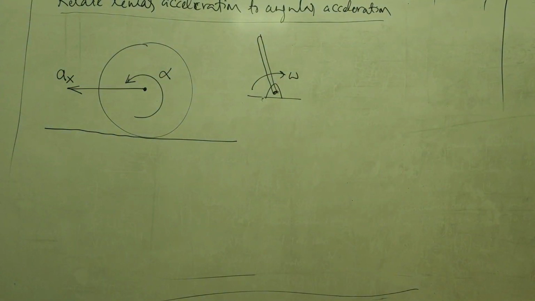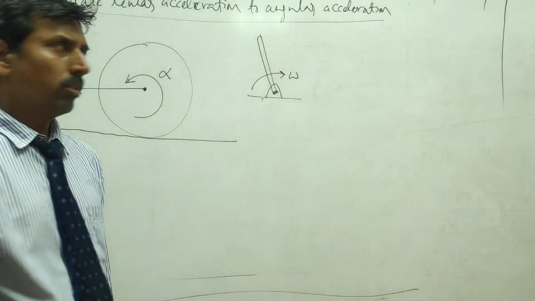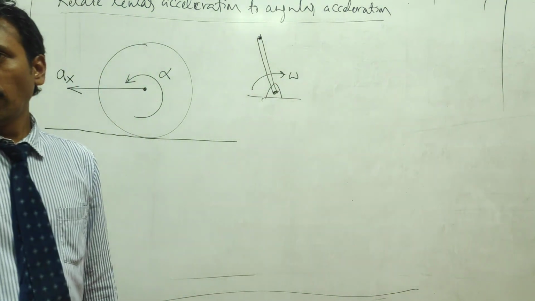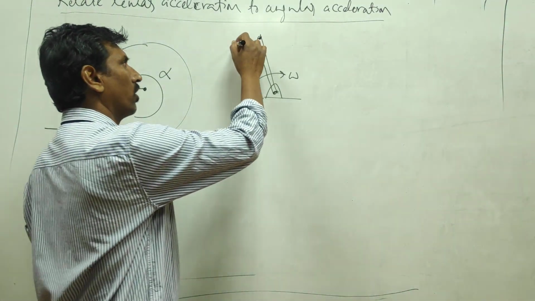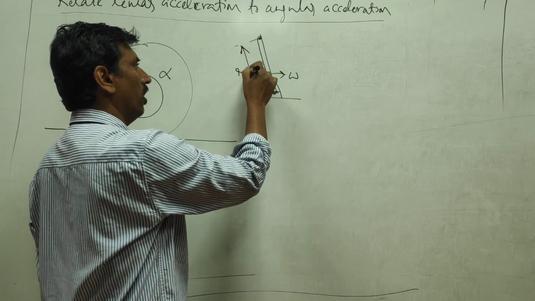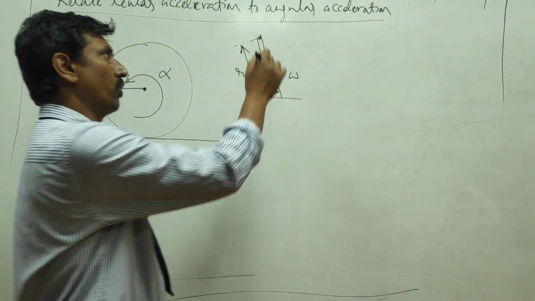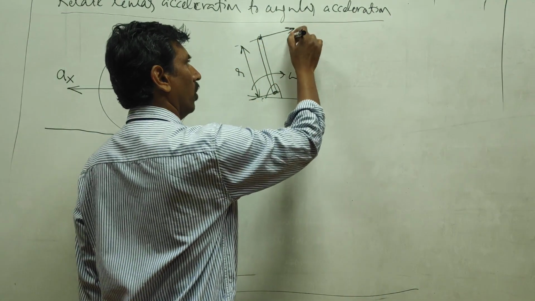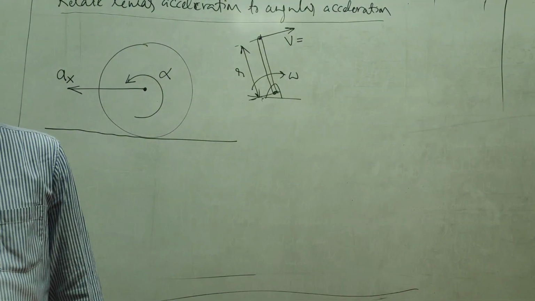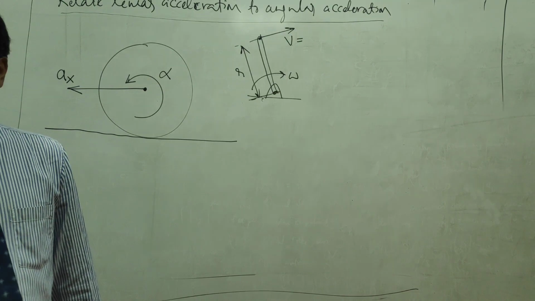Okay, it's a link which is actually hinged at a point, and if you wanted the velocity of this point at a distance r from the center of rotation, this is the distance r, and the instantaneous velocity at this point v would be equal to, what is the formula? r omega.